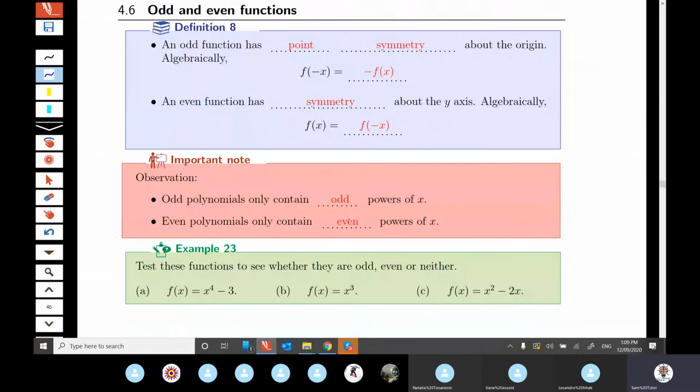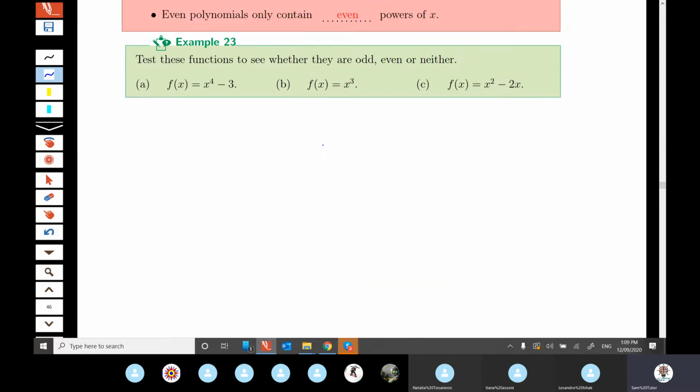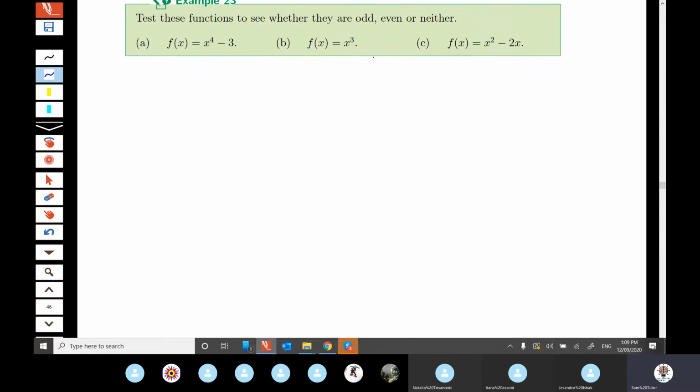Odds and evens. How do we prove something's odd? Sub in negative x. If it's the negative of the original, it's odd. How do we show something's even? Sub in negative x. If it gives you the original, it is even. If it doesn't give you either, then it is neither. All right, test these functions.